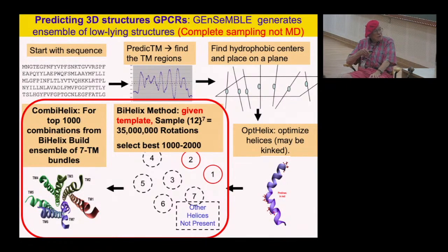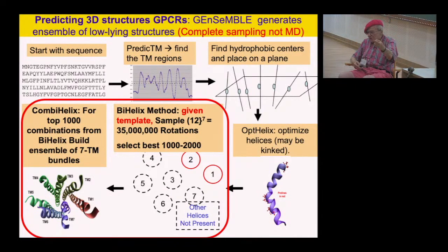Once we have the template, we have the tilts defined according to, say, the experimental structure. And then we just rotate the helices about their axes. And what we've shown is that if we rotate every 30 degrees, so 12 different rotations for each of the 7 helices, and evaluate the energy for all 35 million structures, and then build them into 7 helix bundles, the best 1,000 or so.